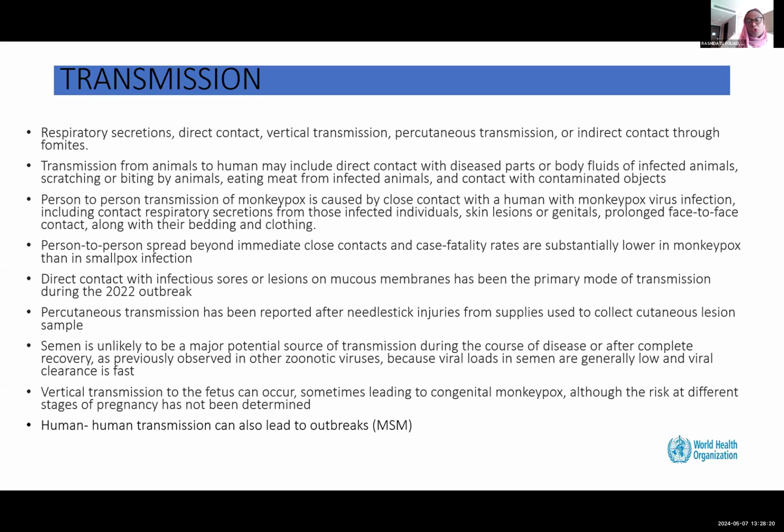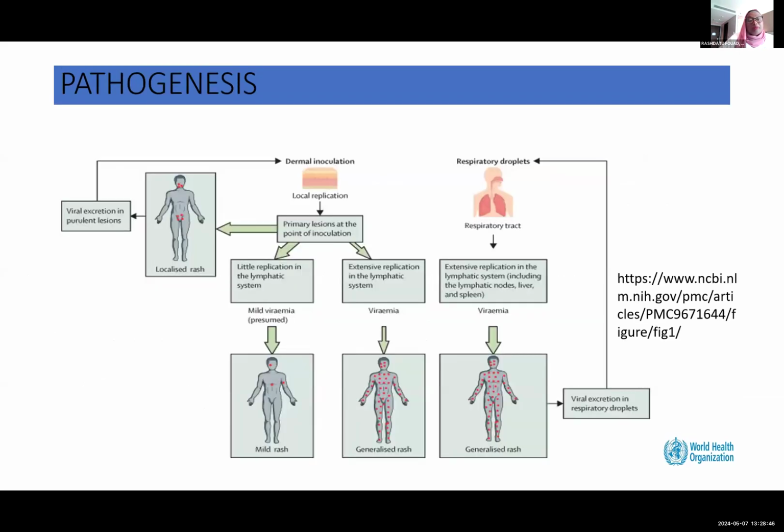Because of the low viral load in semen, the risk of exposure through semen is also low. However, we need to take note that if an infected person has open wounds or lesions, then definitely the risk is very, very high. Vertical transmission can also occur from mother to child, and we have seen human-to-human transmission that led to outbreaks.